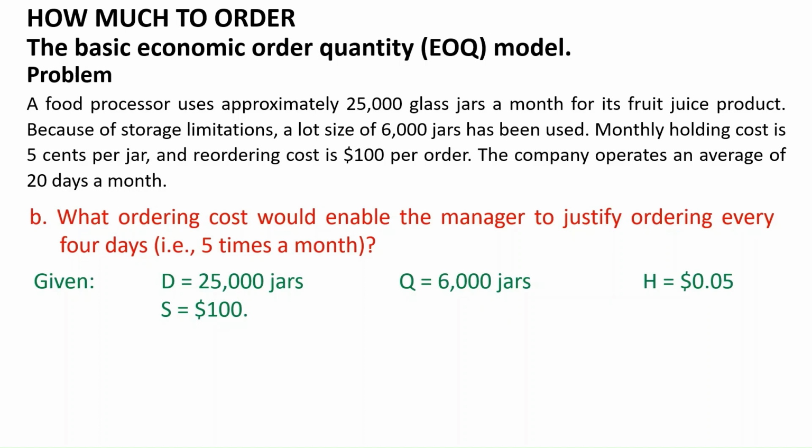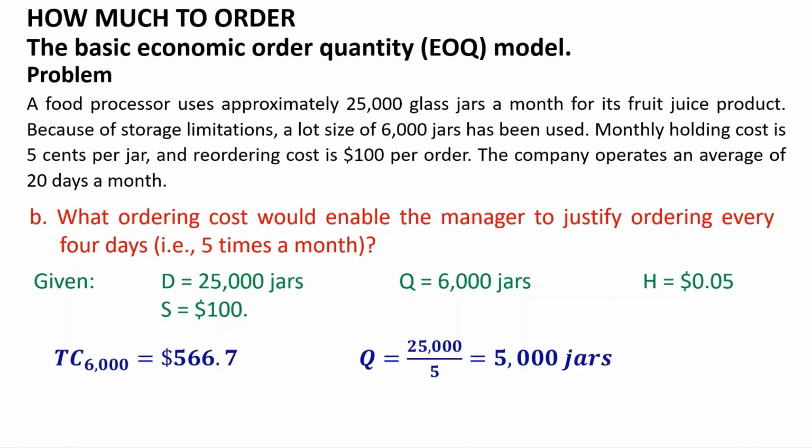For the second question, to find the ordering cost that would enable the manager to justify ordering every 4 days, we have to solve the total cost equation to find S using TC equals TC 6000 and Q equals 5000, as the monthly demand equals 25,000 and the number of orders is 5.